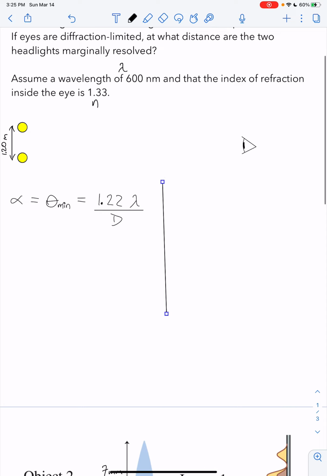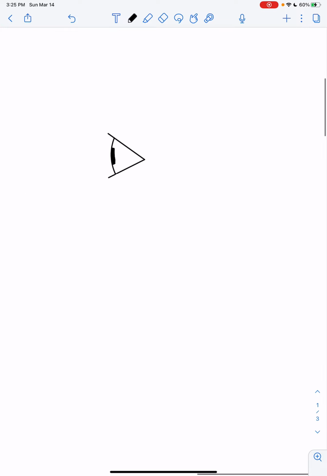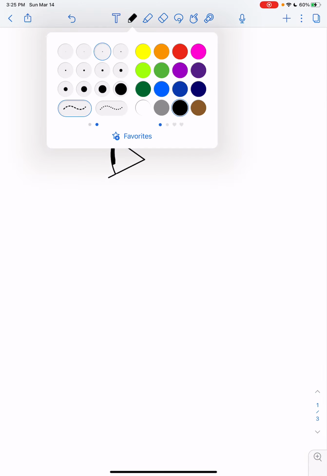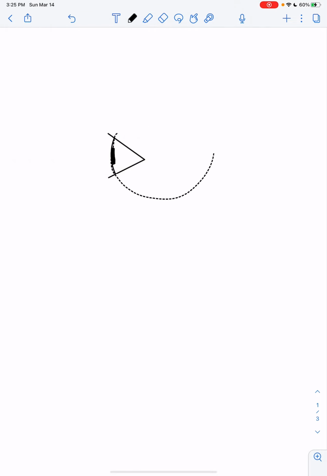This is not going to be the lambda term that we want to use, because the imaging going on is within the eye. So let's take a look at the eye here. I'm just going to draw this out and remind ourselves that what's going on is within something that has an n value.